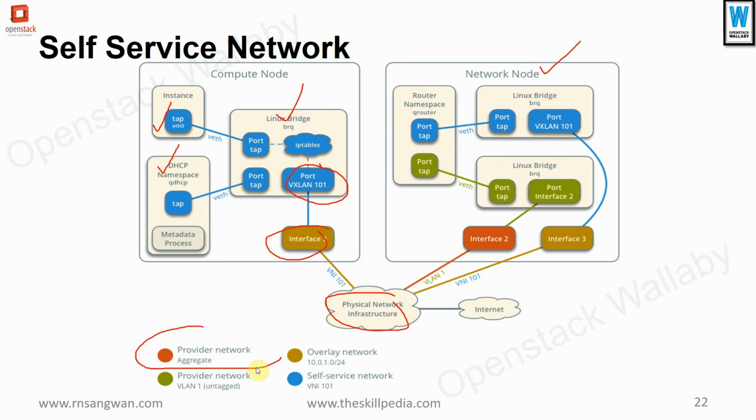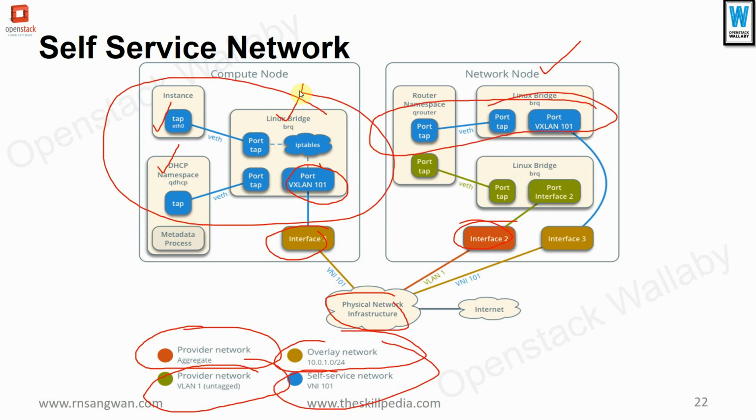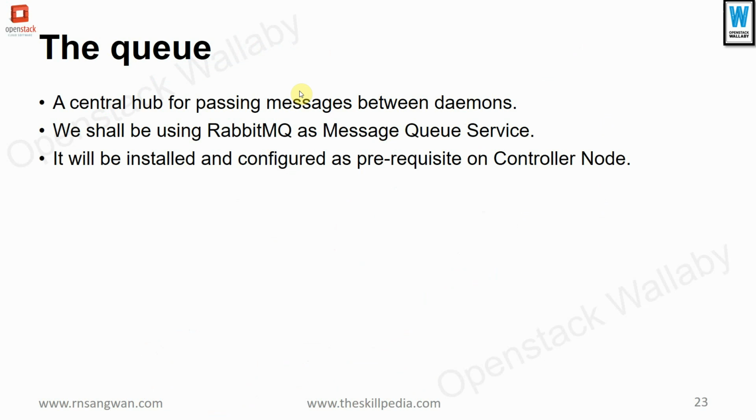So this is provider network aggregate. This one is provider network VLAN untagged, and then overlay network, and this is self-service network. So virtually this is self-service network, blue color. So this is self-service network we are going to have with layer 3, L3.